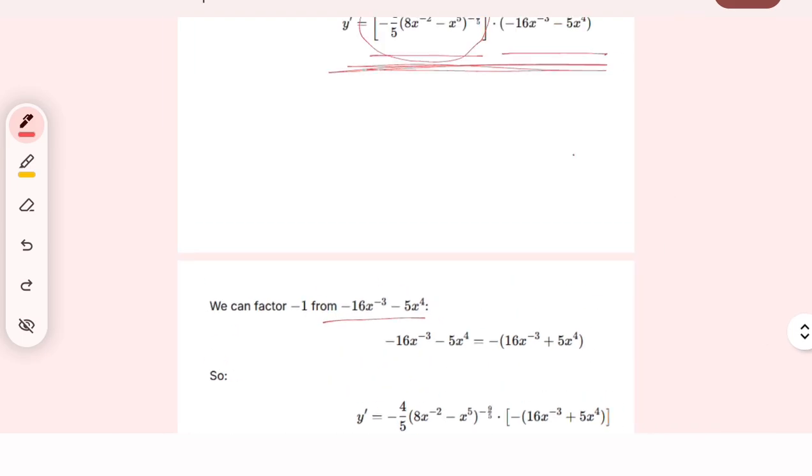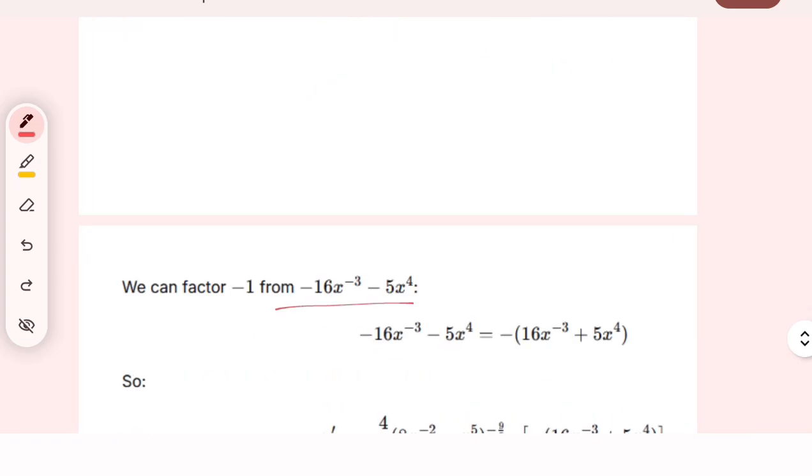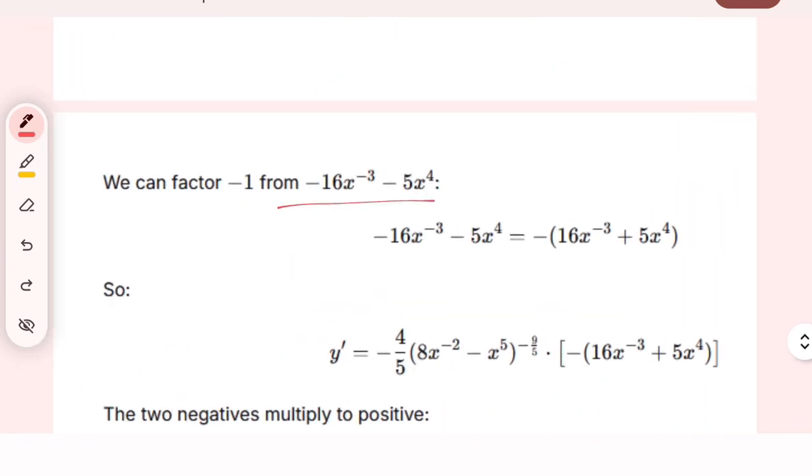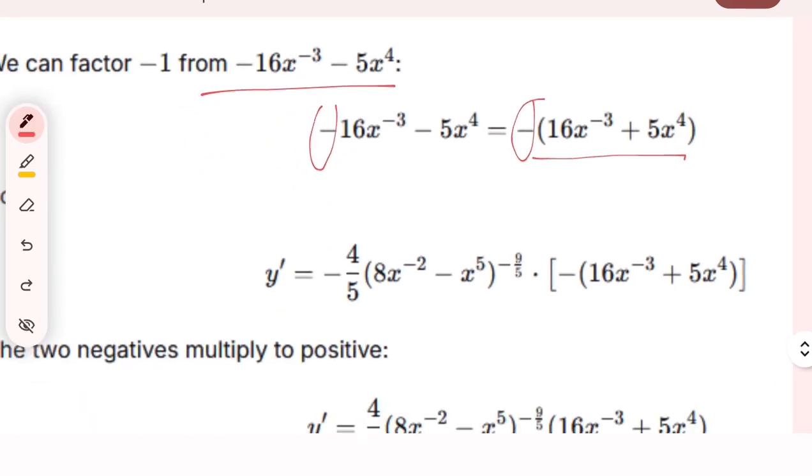If you look back in here, we can factor negative 1 over there. So it would become positive 16 and positive 5 because we put negative 1 outside. We factor out negative 1, and what is left is our positive values inside the parentheses.